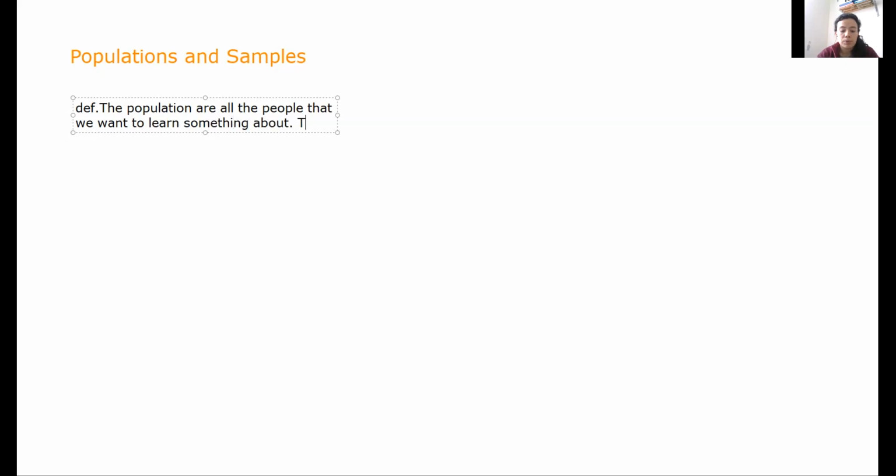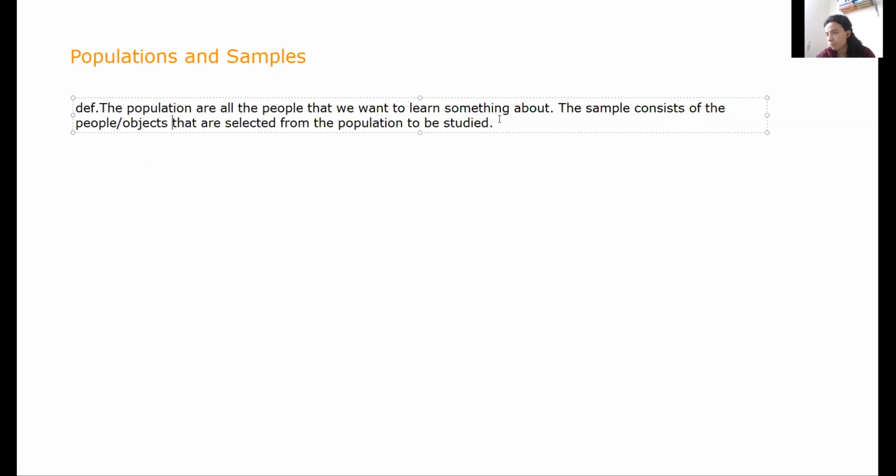And the sample consists of the people or objects that are selected from the population to be studied. So it just means population is everyone that I want to study, sample are the people that I'm actually going to study.